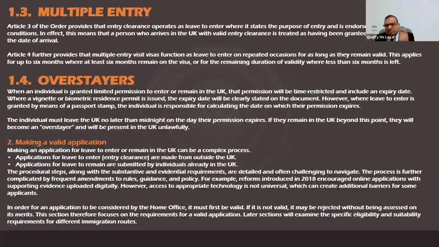Nowadays, all visas or entry clearances are online, so you get the expiry date on that visa. In the past, the Home Office used to endorse or emboss a stamp on every passport, and we would normally call it a vignette.